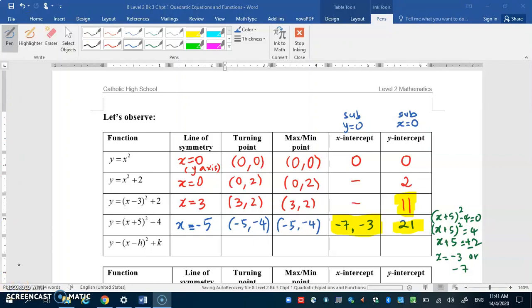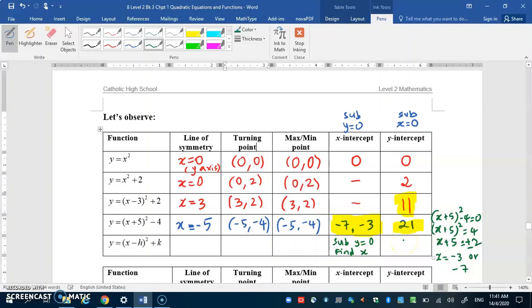Let's start with the x-intercept and the y-intercept first. Every time you want to find the x-intercept, you would just sub in y equals 0 and solve for x. So you still need to do some working, right? You just sub y equals 0 and find the values of x.